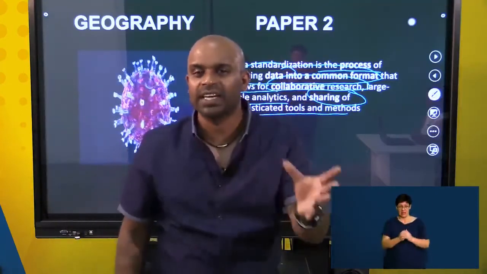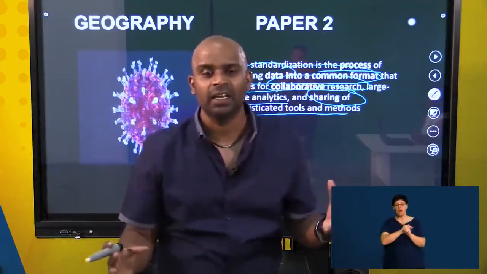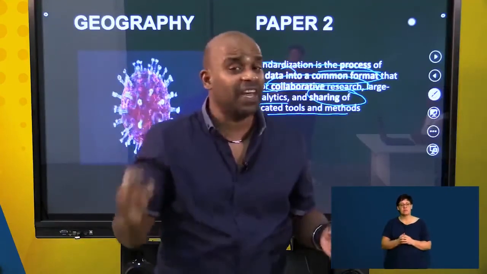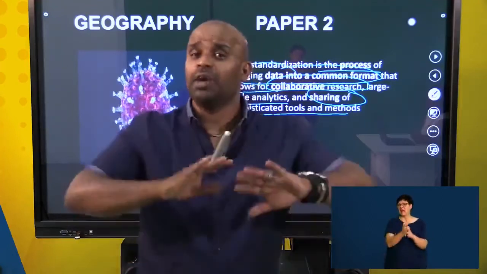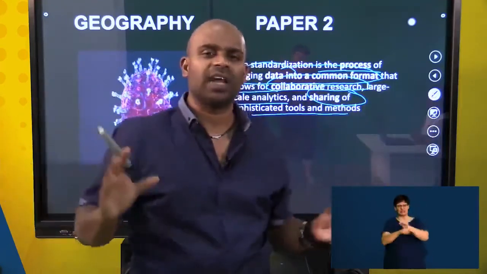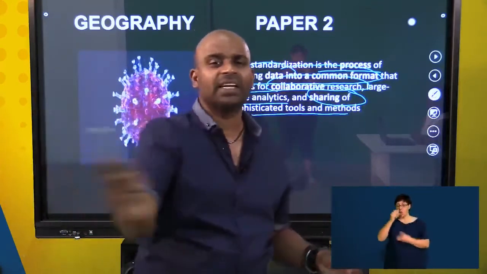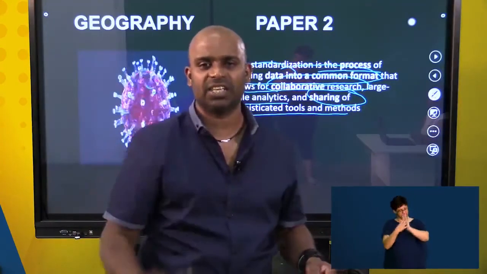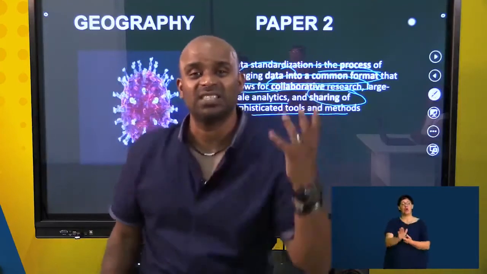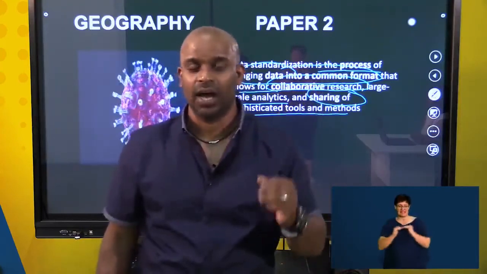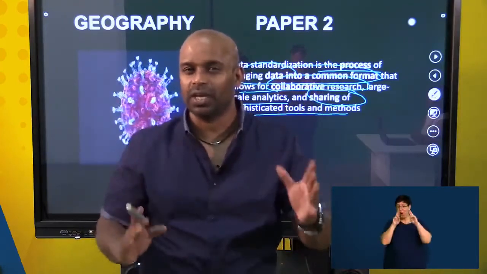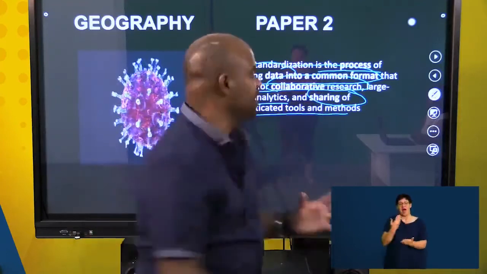For us to recognize COVID-19, it would be very, very difficult across the world if we used different symbols. So what has the World Health Organization decided? One symbol that represents COVID-19 internationally. And what do we call this? Data standardization. I hope you are getting the picture here of applications of GIS.